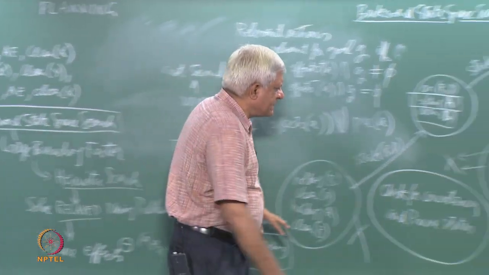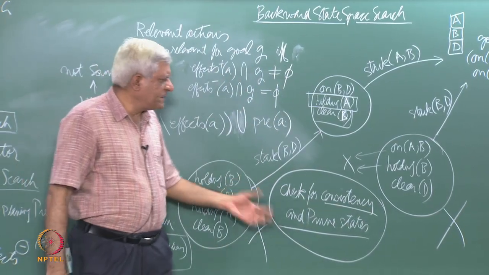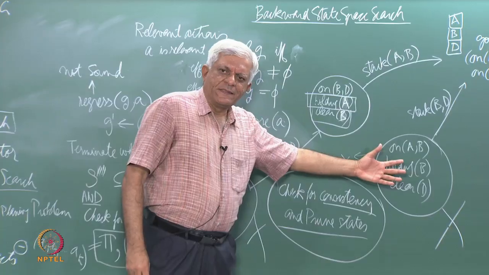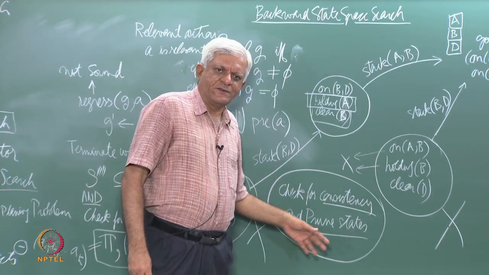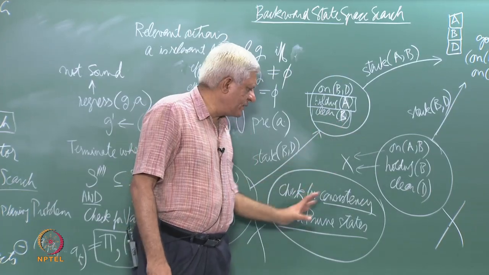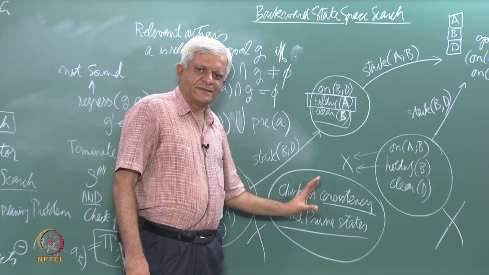And the good thing about this consistency check is that it does not have to be perfect. If it is perfect, it will prune this state. If it is not perfect, it will not prune it. You may produce a series of actions and you will find it is not a plan, and then you will come back and try again. So, even if you have an imperfect consistency check, it will still work essentially.